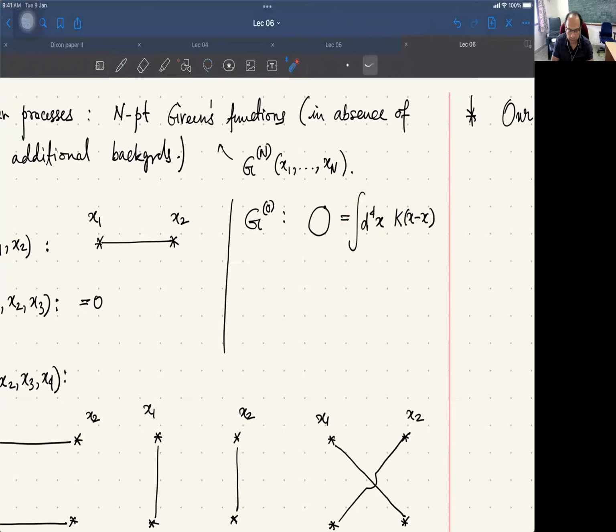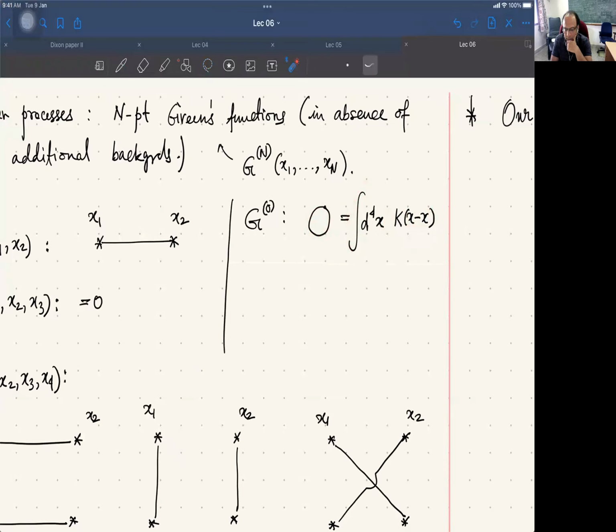So any point you pick to write a propagator from, it has to be integrated, and then the propagator comes back to itself. So therefore x minus x. So it's funny that the argument is 0 because x minus x, and it has an integral d4x. So this does not depend on x, and there is a volume, 4-dimensional volume factor.